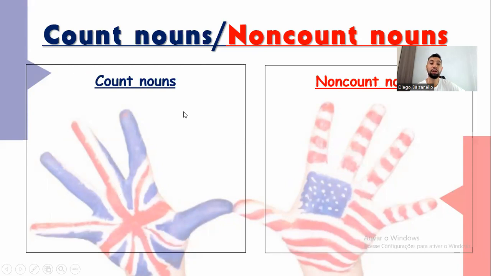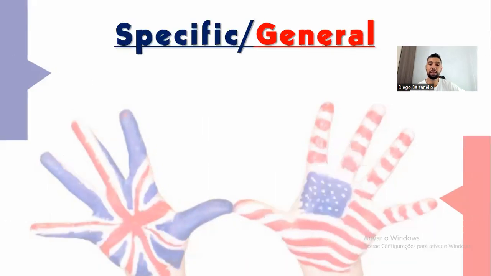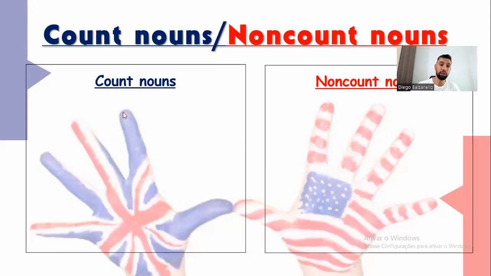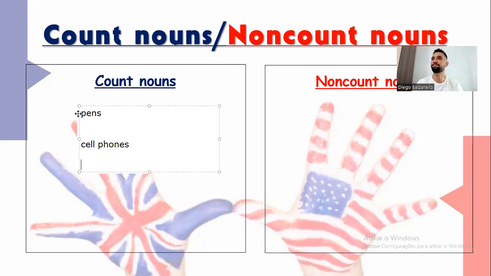We have more non-count here. You see that you have, what are some count nouns we have? Let's think. Pen, pens, 1 pen, 2 pens, 3 pens. Cell phones. Tomatoes. We can count 1 tomato, 2 tomatoes, 3 tomatoes. Tables.